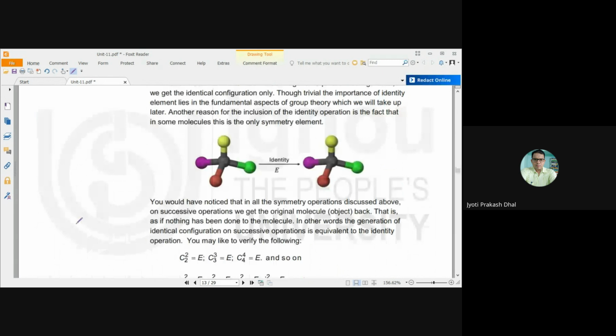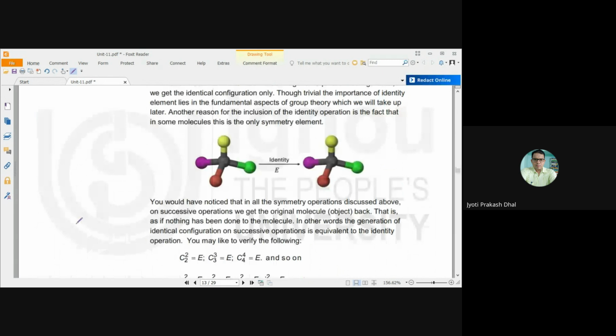The identity operation is equivalent to rotation of the molecule by 360 degrees, irrespective of the shape or structure of the molecule and any types of atoms present in the molecule. If you rotate the molecule by 360 degrees, exactly the equivalent configuration will be found. That's why it is called identity.